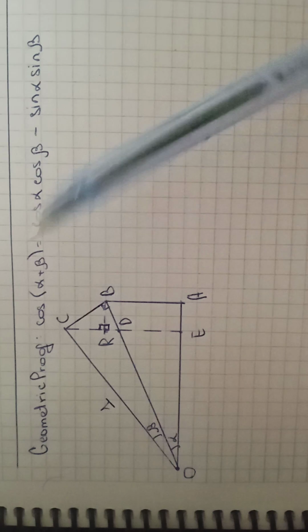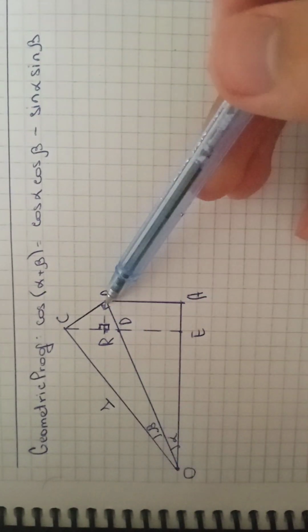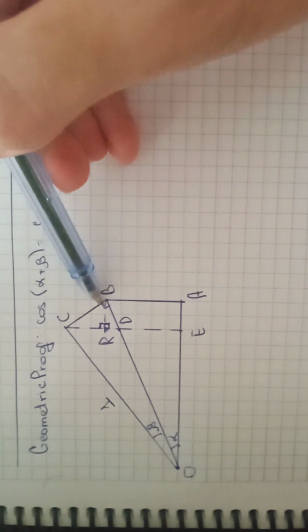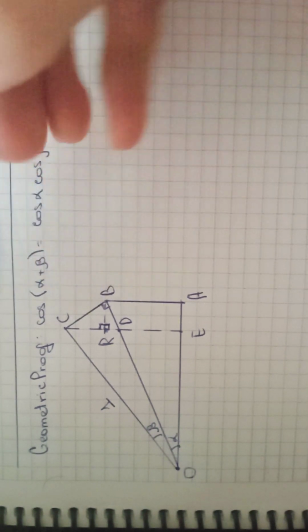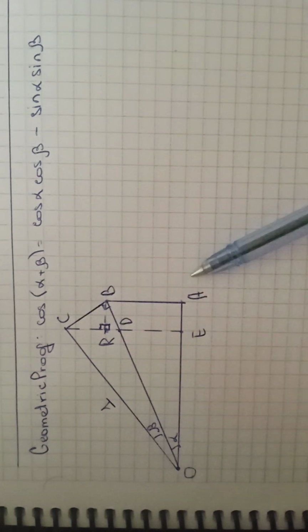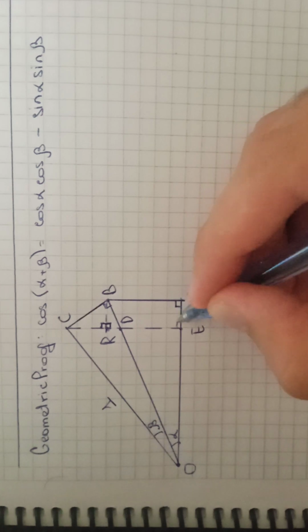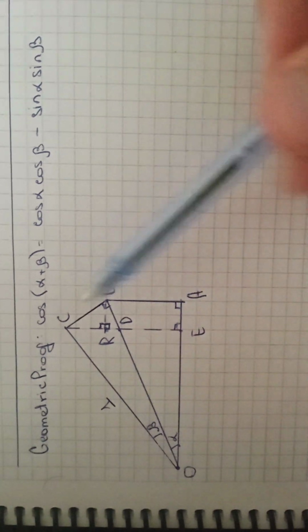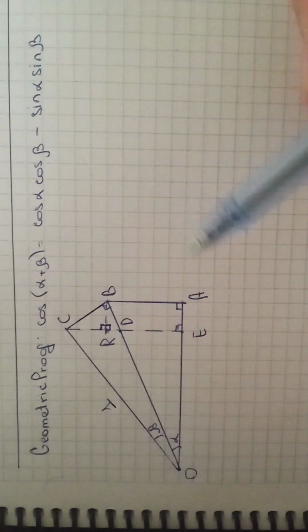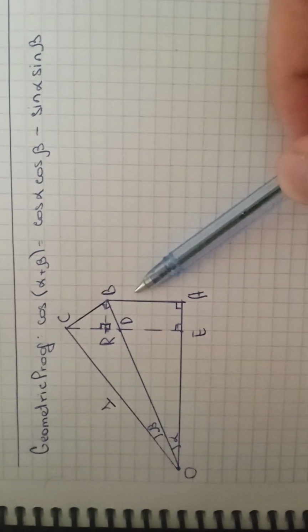So this line segment here, which is OB, is perpendicular to CB, as it has been noted here, and this line segment CE is perpendicular to OA. And to prove this identity, first we need to get the angles correctly.